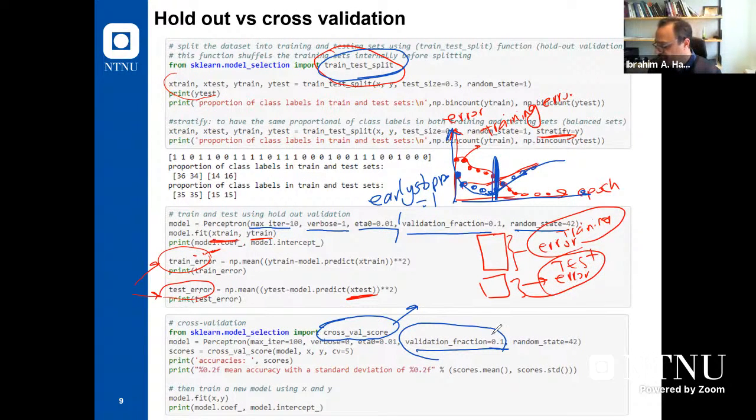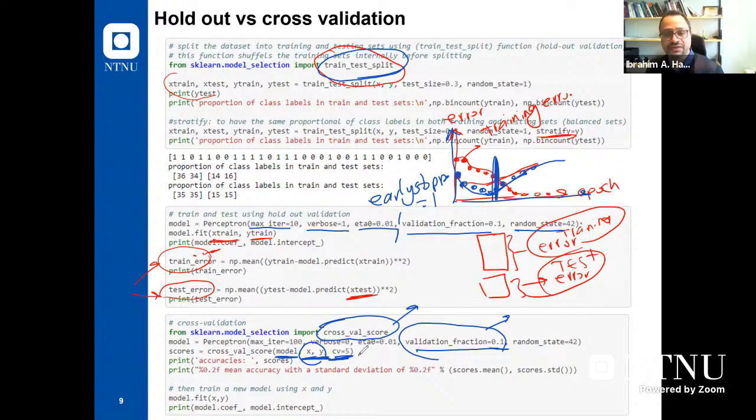So when we use validation fraction, it means from my training data set, I need to keep part for validation. It will be 10%, for example, or 20%. You need to decide this. So we need to use this function, cross validation score, for the model, X and Y, all my data points. And this is the number of K, the number of folds.